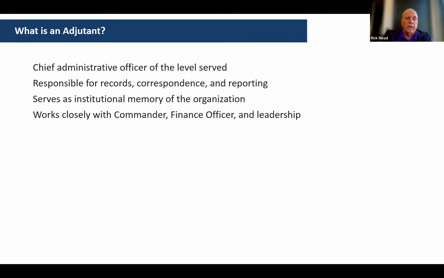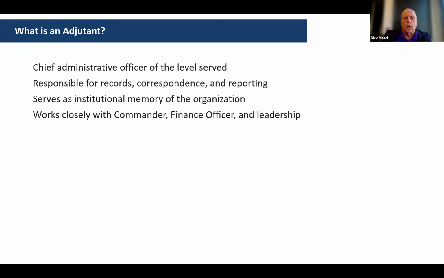But it is really the chief administrative officer for the level being served. At the department level, the job that I've got is actually referred to as the chief operating officer. Both of those are similar in some respects, but that's really the anchor for those things that are going on at whatever level you're operating as an adjutant.